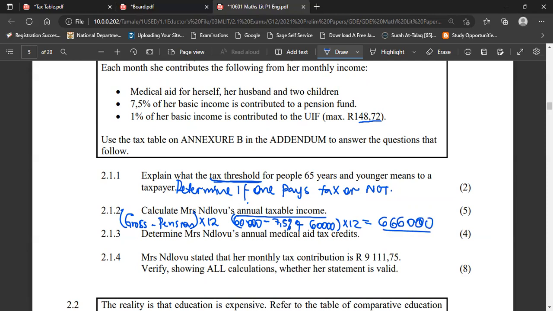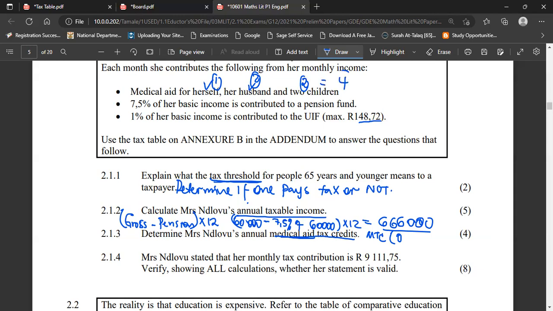Okay, so they say determine Mrs. Ndlovu's annual medical aid tax credits. I will always write them as MTC. This one will depend on the number of dependents. We saw she pays medical aid for herself, that's one, for the husband, two, and two children.